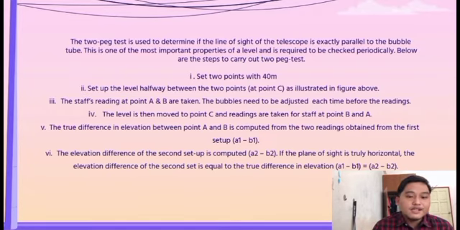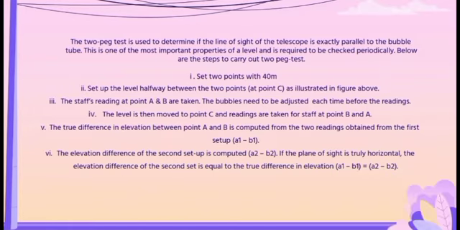And lastly, the elevation difference of the second setup is computed, A2 to B2. If the plane of sight is truly horizontal, the elevation difference of the second setup is equal to the true difference in elevation, A1 to B1, A2 to B2.